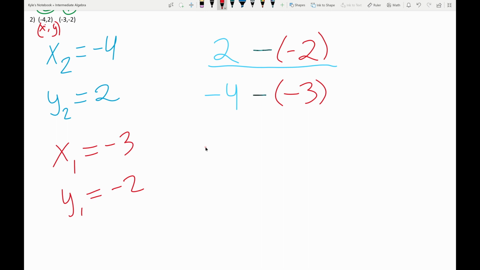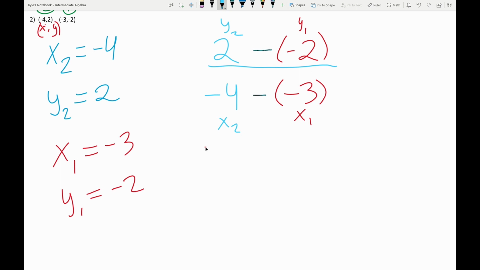So let's just double check everything. We have x1, we have y1, and then we have y2, and then we have x2. And just so I can double check everything, I'm going to read out what I have.